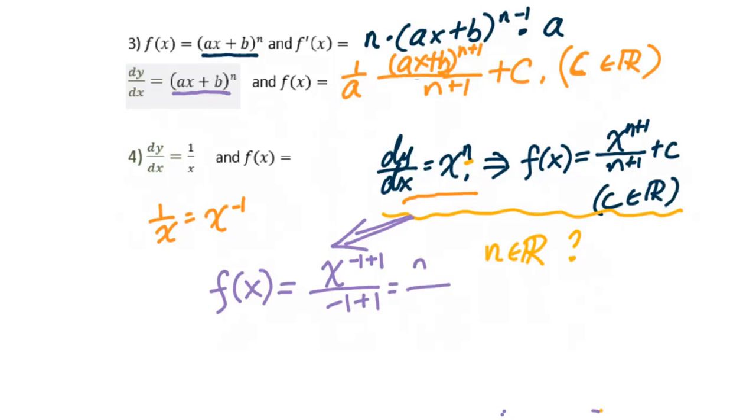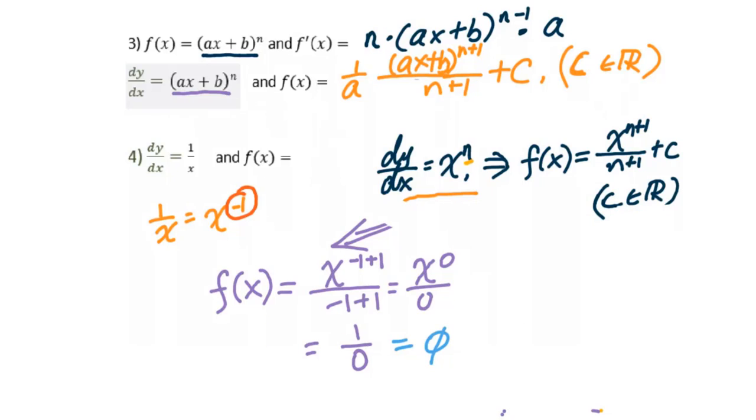So you will get x to the 0 power over 0, that is 1 over 0. We know 0 cannot be a denominator. This is undefined. In other words, when n equals negative 1, this rule won't apply. So for this rule, n cannot be negative 1.